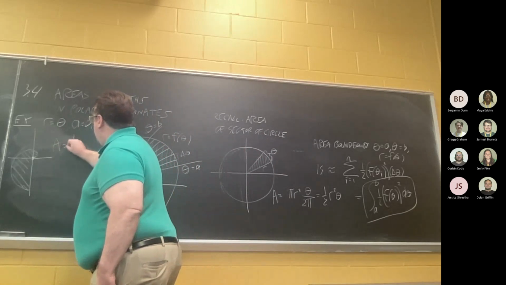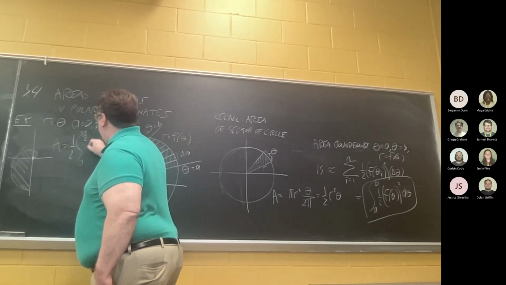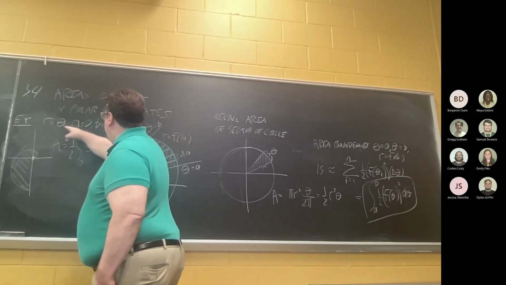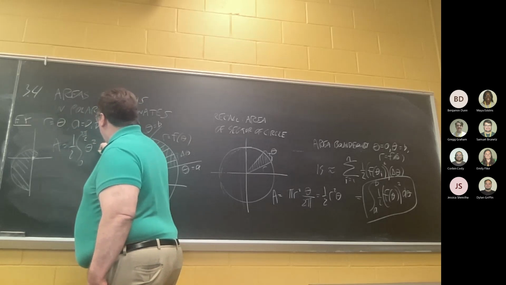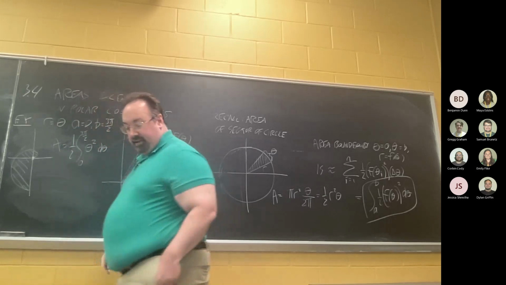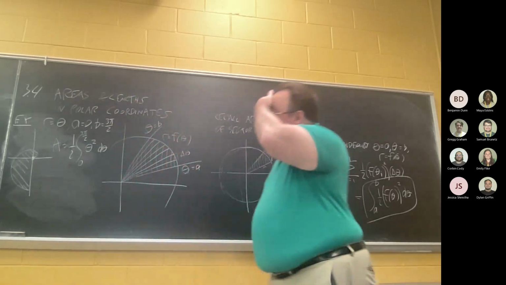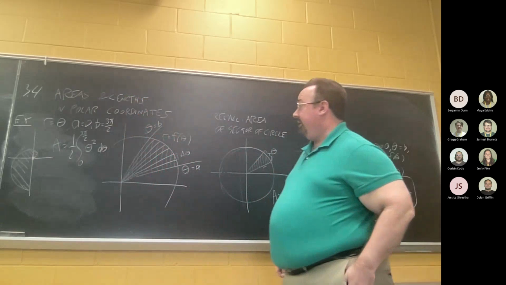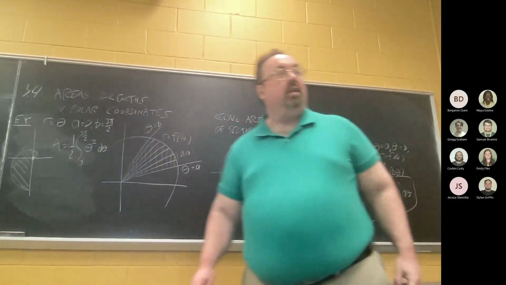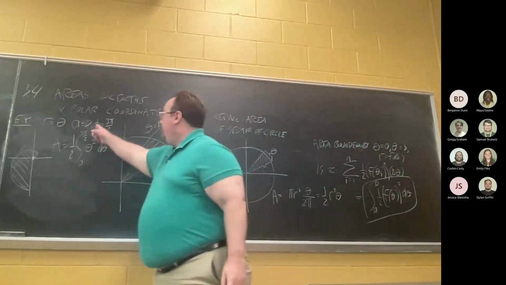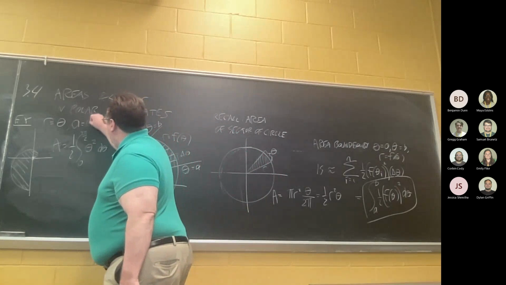is 1/2 the integral from 0 to 3 pi over 2 of r squared, so theta squared d theta. Make that more 0-like.